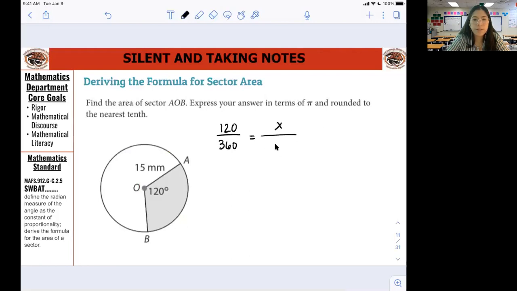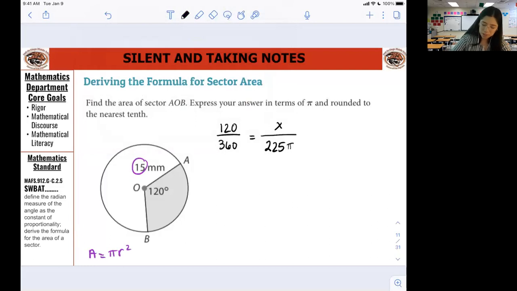We're still filling in our blanks because I'm still missing what is the area of the whole circle. It's pi r squared. So Rios, you got the circumference this time. I need you to find the area. There we go, 225 pi. Okay, because the radius is 15. 15 to the power of 2 is 225.